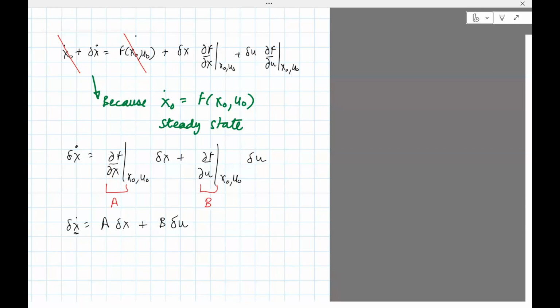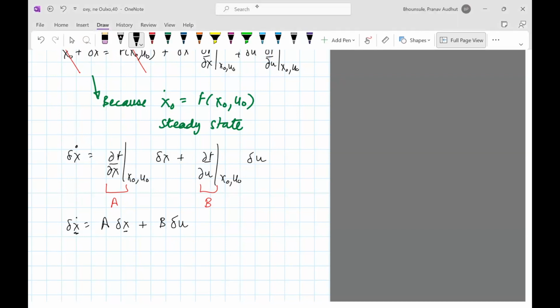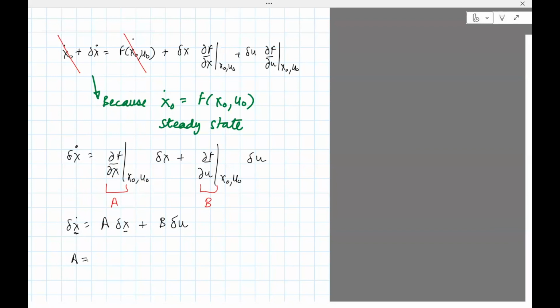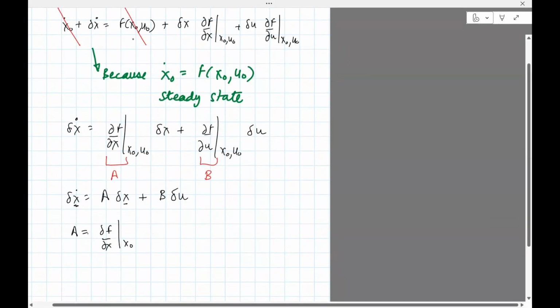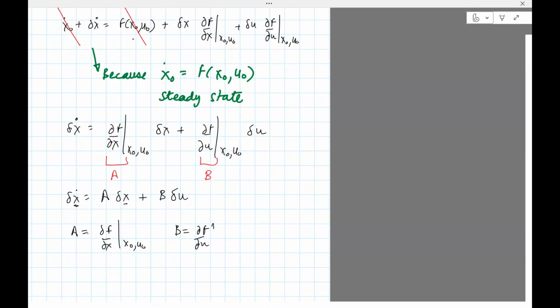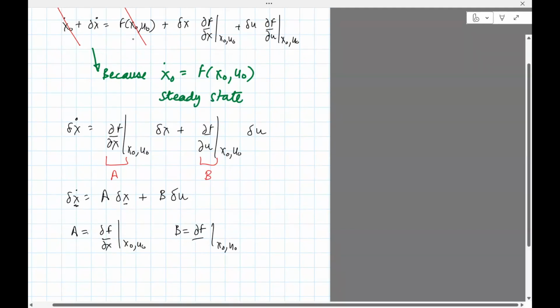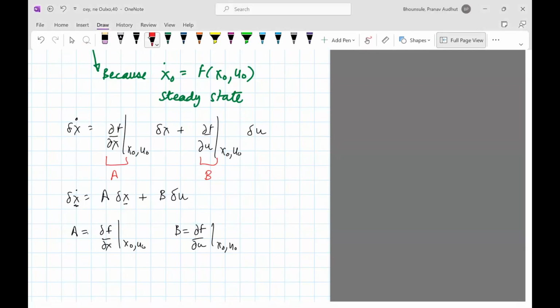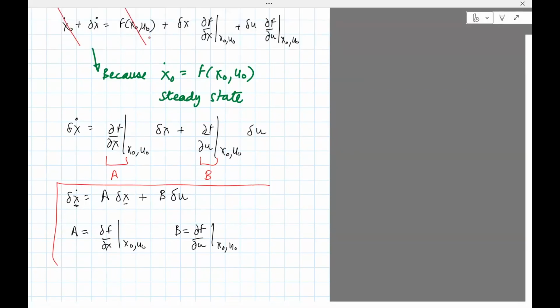Note that this is no longer x, this is the deviation from the operating point. That's kind of important. If you don't do it that way, then you'll get errors when you do the control. So A is df/dx at x0, u0, and B is df/du at x0, u0. This is the key equation which we need.